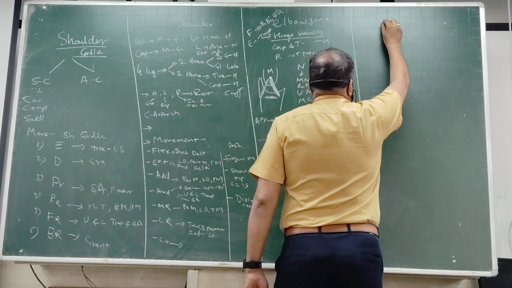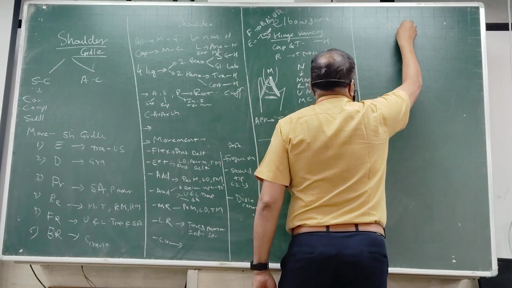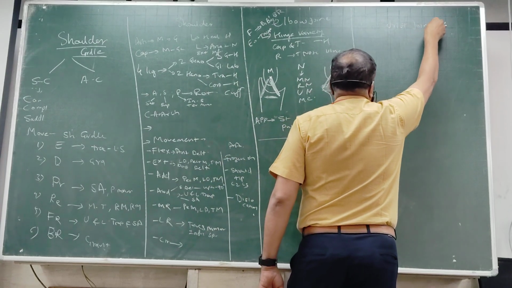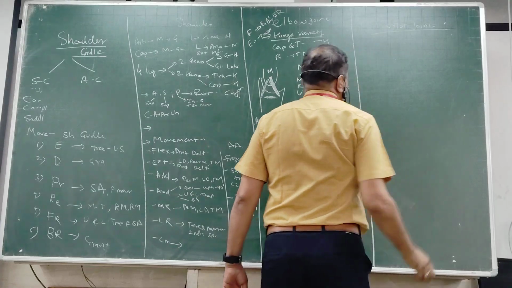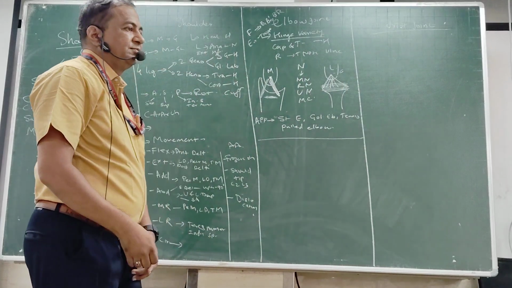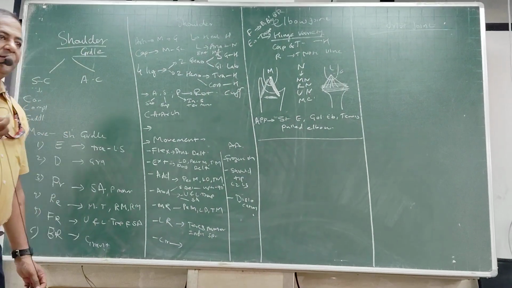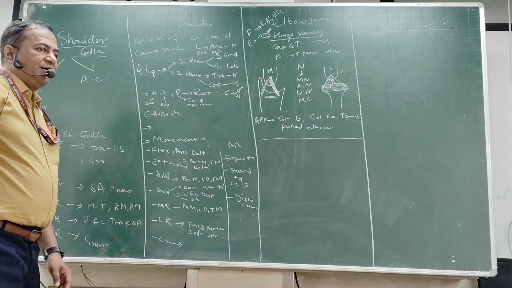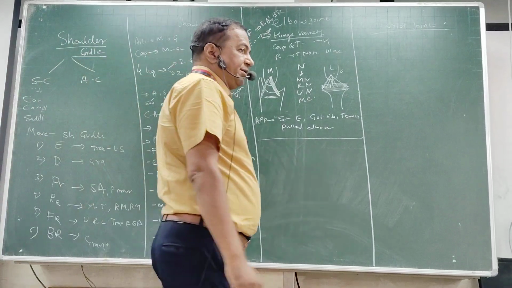Then comes the wrist joint. In the wrist joint, ulna doesn't participate.